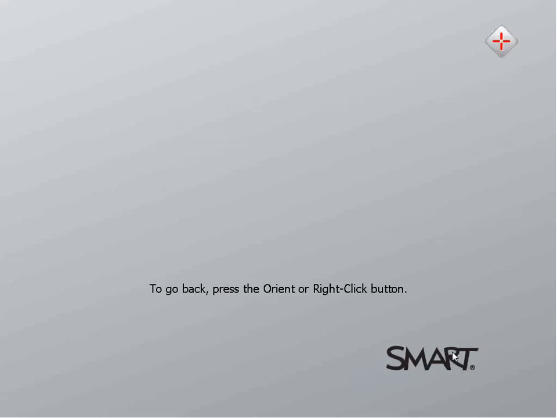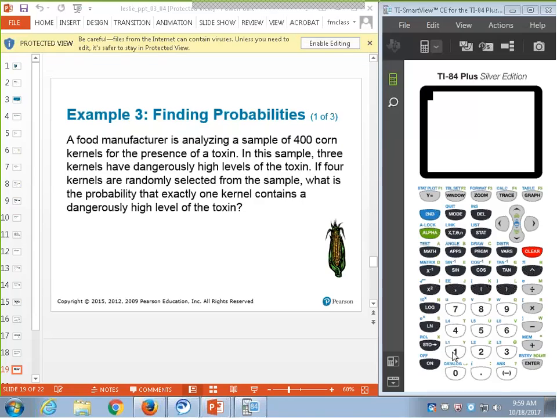Okay, so a food manufacturer is analyzing a sample of 400 corn kernels. So the total number is 400, right? In the sample, 3 kernels have dangerously high levels of toxin. So 3 are high levels of toxin, correct?